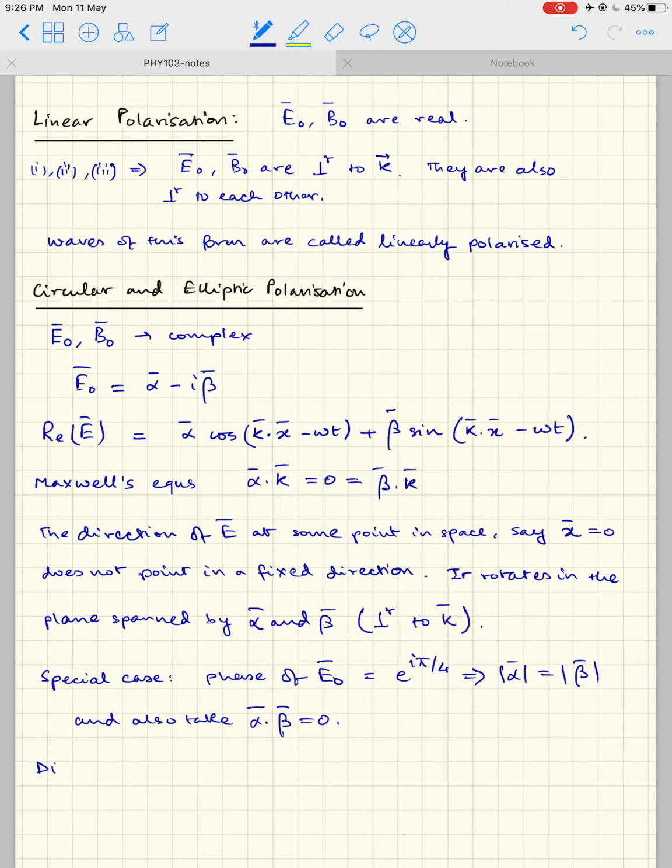So the direction of E traces out a circle in time, in the plane perpendicular to k, and this is what is circularly polarized light.